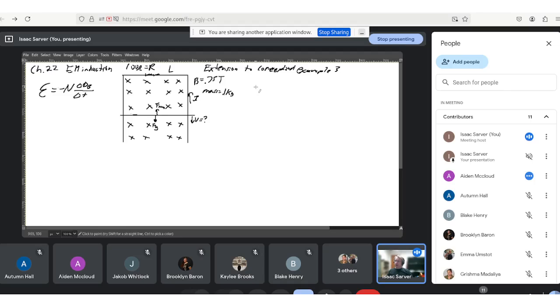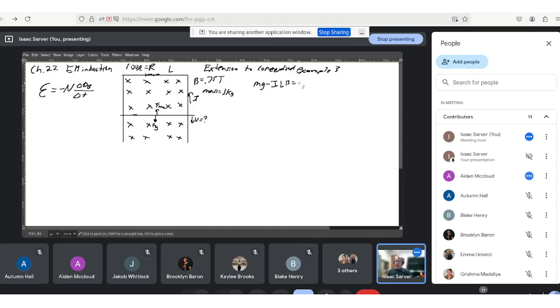Okay, so I have mg pulling down minus my magnetic force. My magnetic force is going to be ILB. And since my I is going to be going across this wire one way or the other, that must mean that my sine will be of 90 degrees, and sine of 90 is 1, so I don't need that.